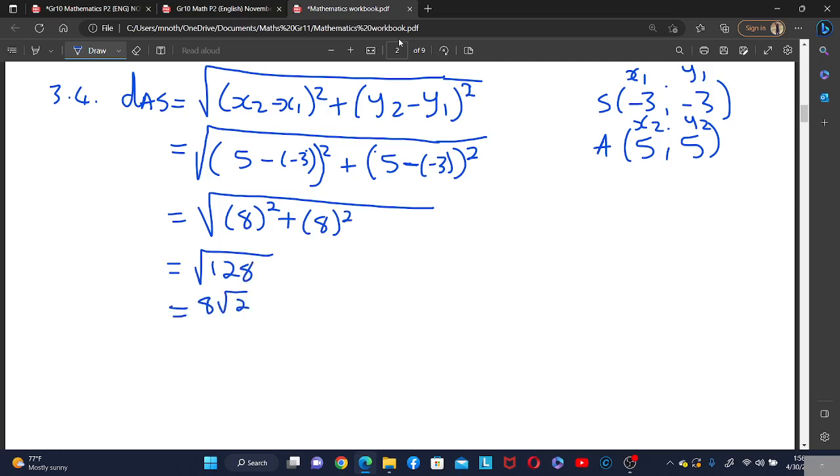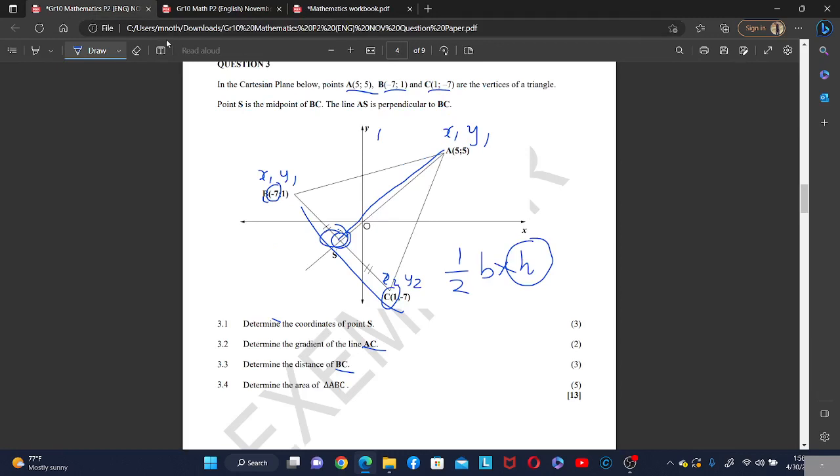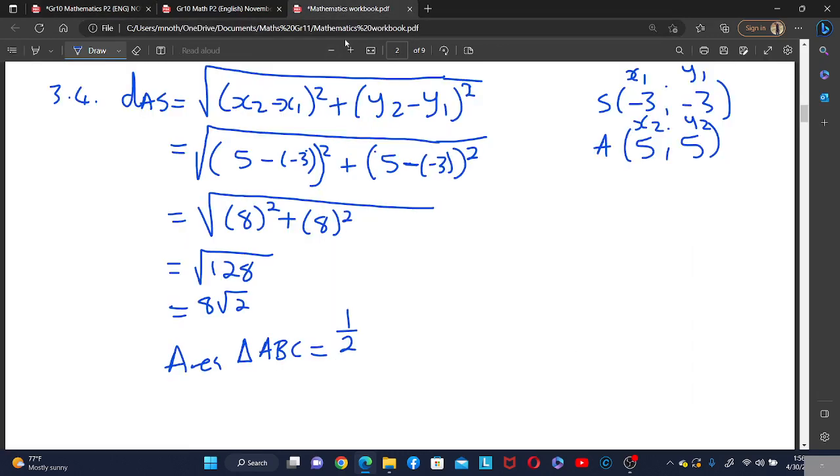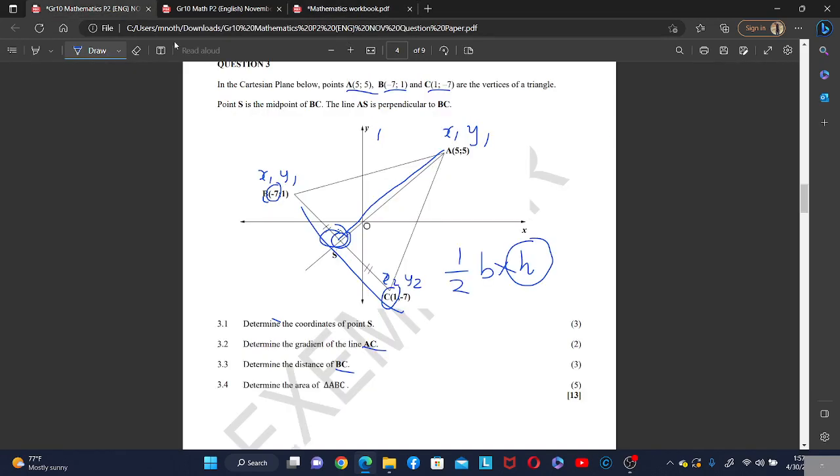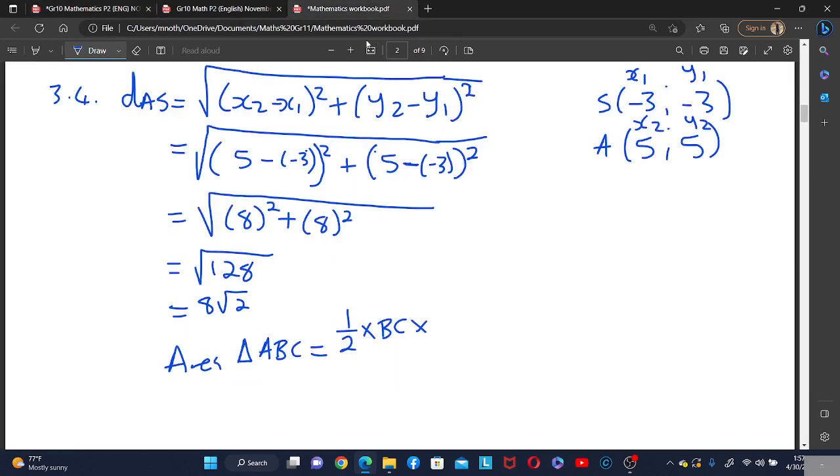So now we have the perpendicular height and also the base. So the area of triangle ABC is equal to half base times perpendicular height, where the base is BC and the perpendicular height is AS.